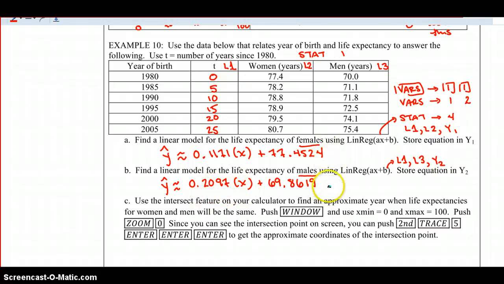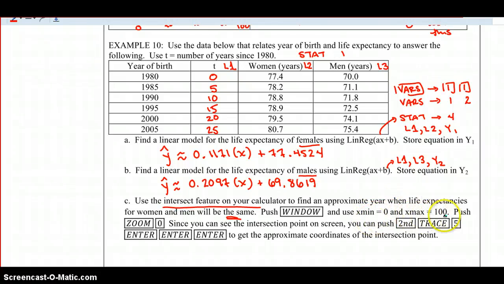Okay, so once we have these two models, in Part C we're asked to use the intersection feature on our calculator to find when life expectancies will be the same. Okay, so we stored the two equations, so we don't need to type them in next to Y1 and Y2, they're already there. So if we push window, and we're going to set X min to be equal to 0, because that actually represents 1980.